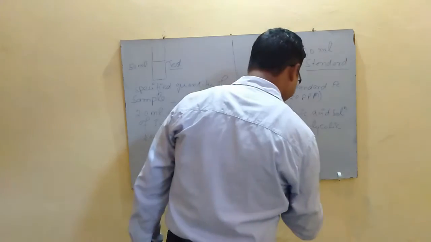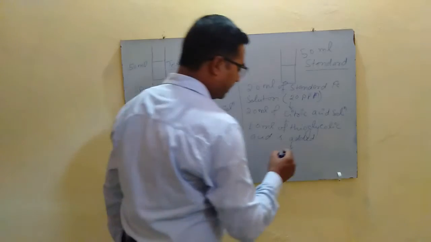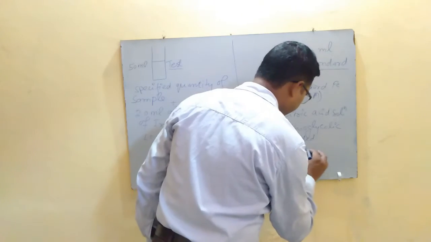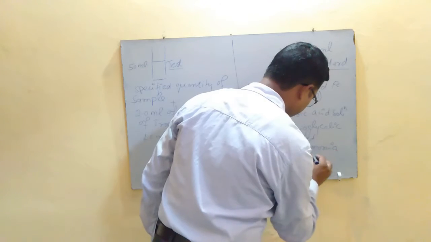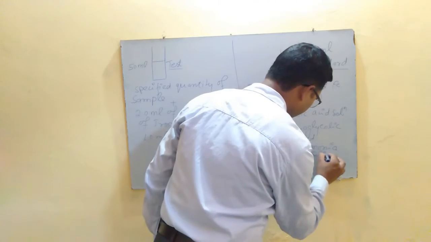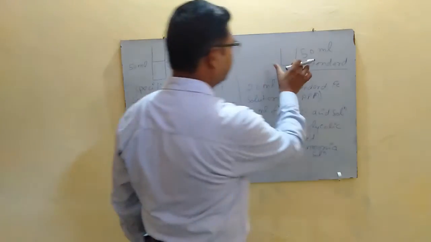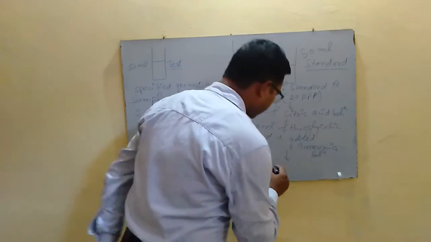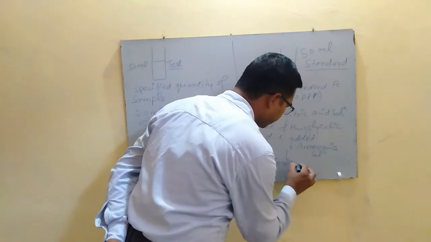Then the solution is made alkaline using ammonia solution. Finally, the volume of the standard Nessler cylinder is made up to 50 ml with distilled water.